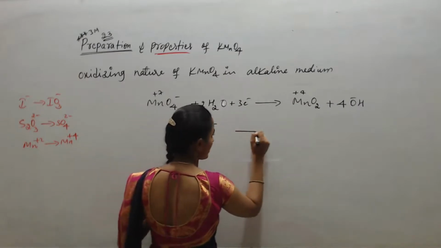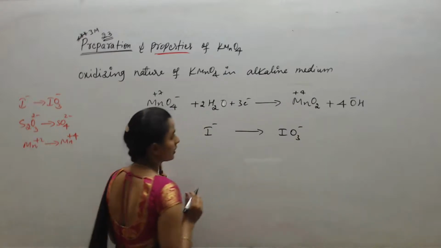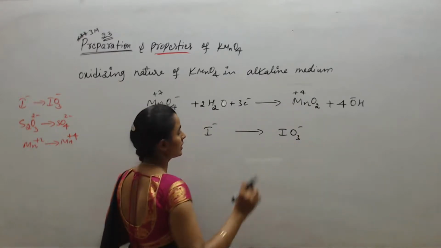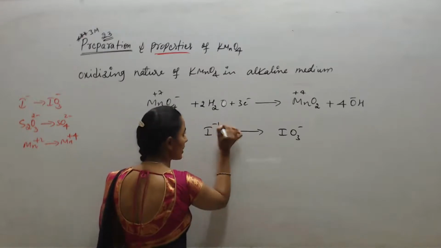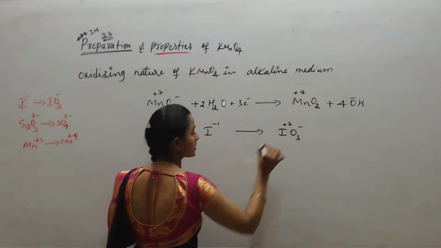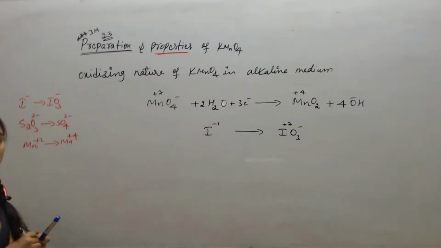I minus is there, this IO3 minus is there. Here addition of oxygen takes place, as well as the iodine charge changes from minus 1 to plus 5. At the same time, addition of oxygen also takes place.